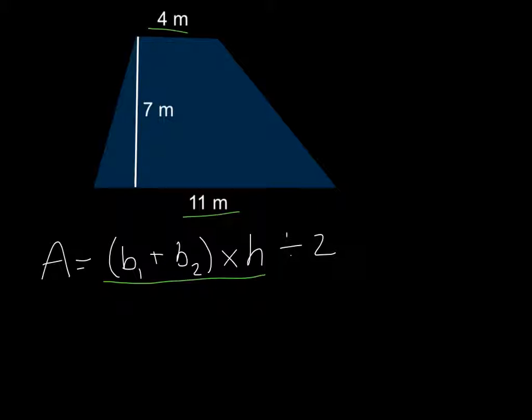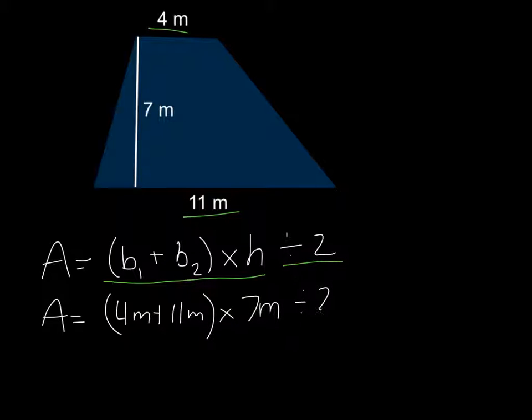Since I only have half a parallelogram, I need to then divide by 2. So let's punch in our numbers. So in this case, the area equals 4 meters plus 11 meters times 7 meters divided by 2. So area equals 15 meters times 7 meters divided by 2.